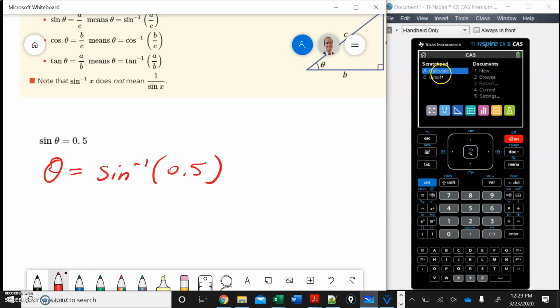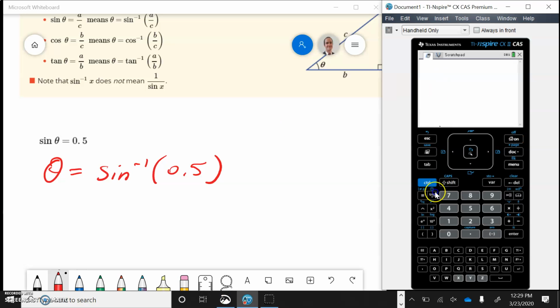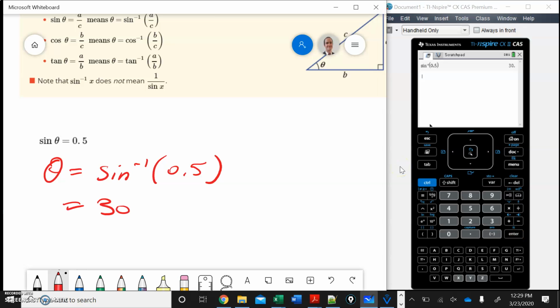We're going to get a scratch pad, then trig, and notice here you have sine -1, cos -1, tan -1 just beneath the sine, cos and tan. We're going to use sine -1 this time, 0.5, and press enter, and that equals 30. We just need to make sure that our CAS is in degrees, not radians. So that's 30 degrees, with a little degree symbol there as well.